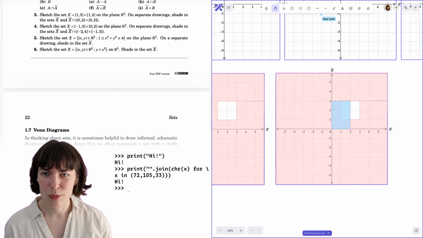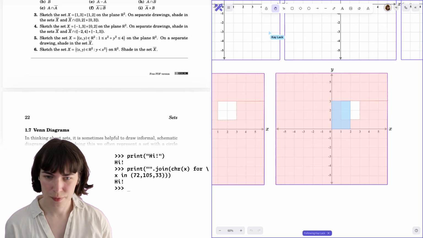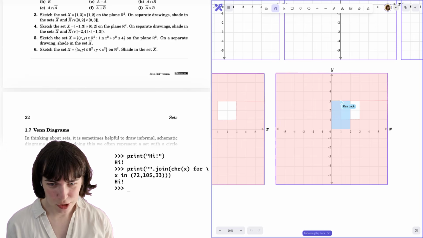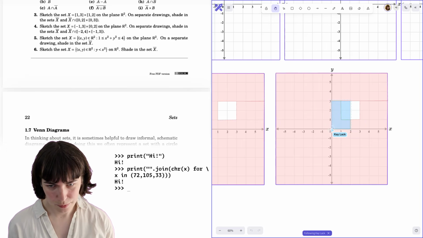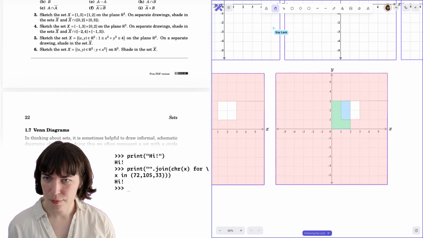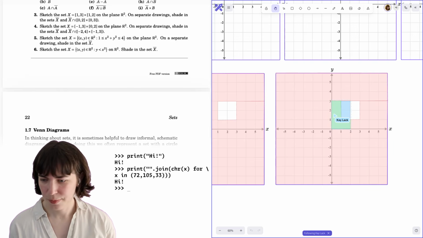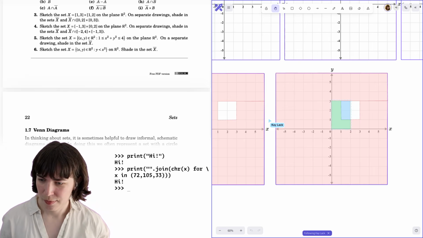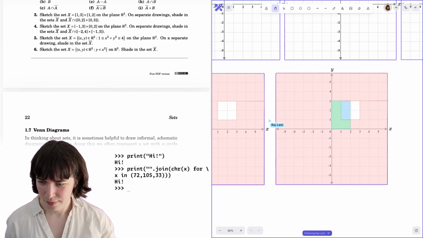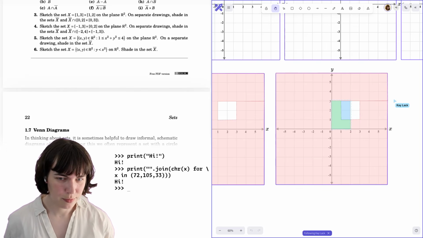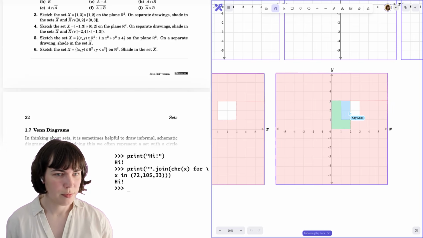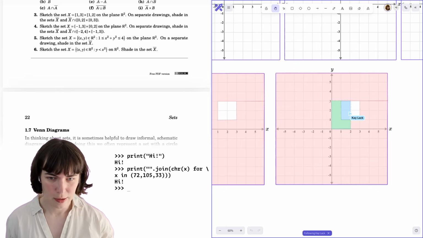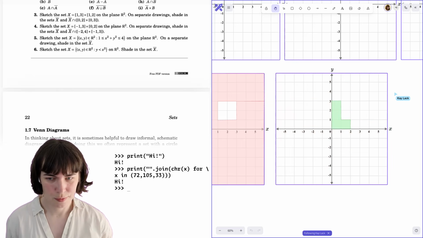And so our intersection, which is going to be in green, is going to be this L shape, I think. There we go. Okay, and I think we end up with this.